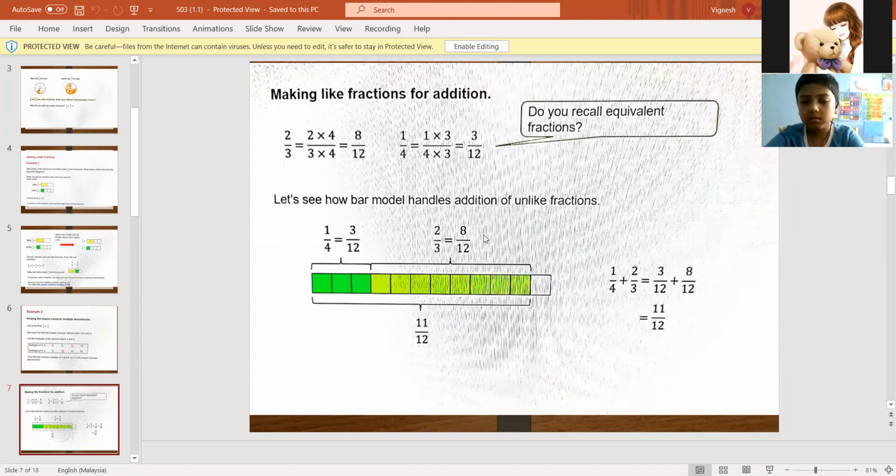So when you add up both, 3 over 12 plus 8 over 12 is equals to 11 over 12. Okay, very good. This is how you should read the bar model. Understand?